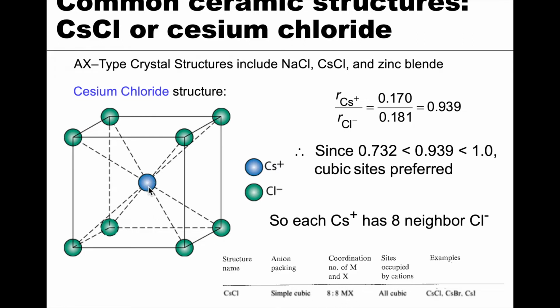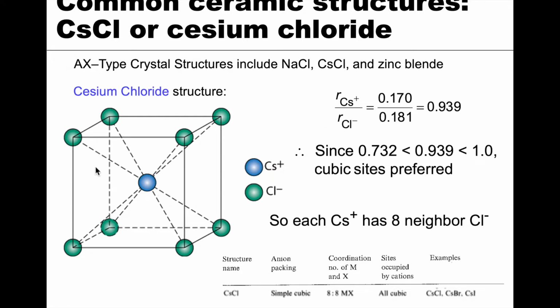Surrounding the cesium, you can see the 8. But also, if you think about the opposite, any one of these chlorines would also be surrounded by 8 in the center positions if you consider other unit cells. In this case, the cation is in the body-centered position, so this looks like BCC, but keep in mind it's not BCC either, because these two things are different radii.